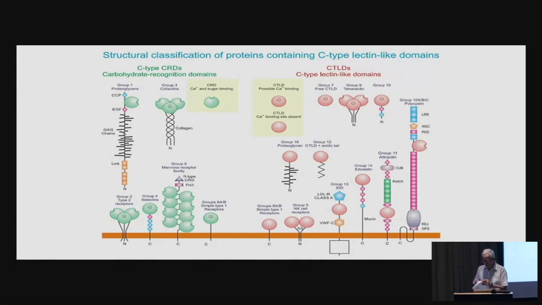What I've shown on this slide just for completeness is the fact that the C-type lectin domains also occur in lots of different protein contexts, but these are the ones that we would not necessarily predict would bind to sugars. So we have to be careful because we're going to concentrate on the ones that actually do bind to the sugars. Within that group, we can make some interesting comparisons.